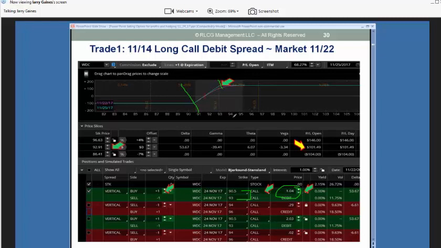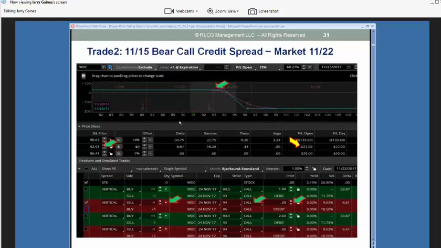But then the next day the market started to stall out, so we sold a bear call credit spread against it, right here, the 94, 96. Basically we skipped a strike from the 93, which was the short strike of the call debit spread, and went out to the 94.